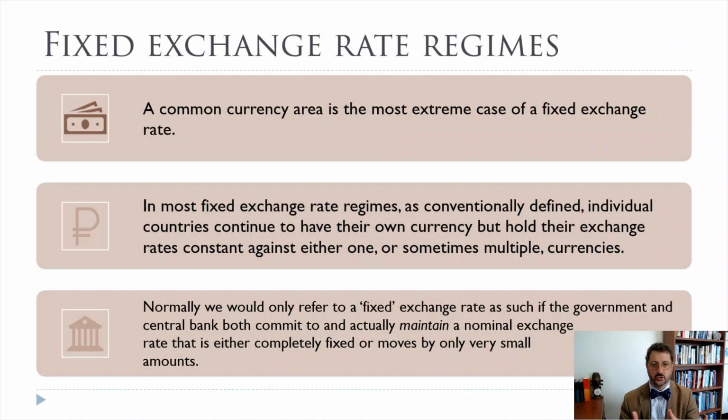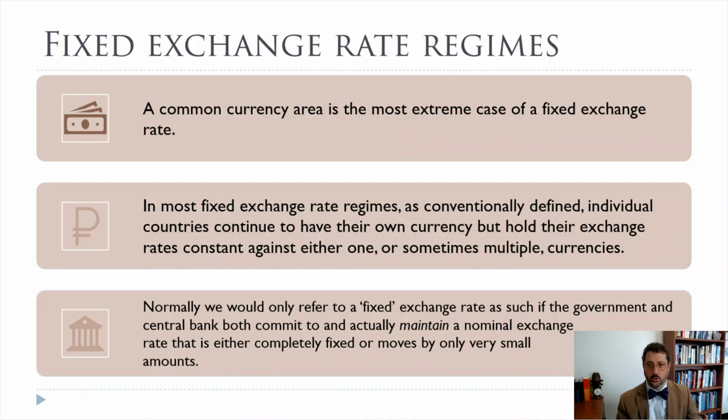Most fixed exchange rates will have their own currency, but will hold its value against either one other currency or multiple currencies. And sometimes they'll say, okay, it's this value, but we're going to allow it to change by this much over this amount of time. And so that's a kind of fixed exchange rate, but a little bit different than what we've been talking about.